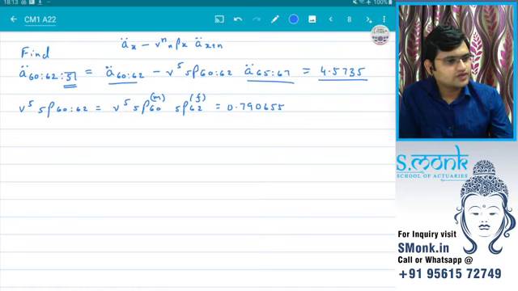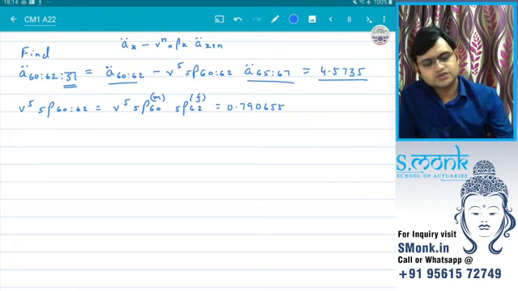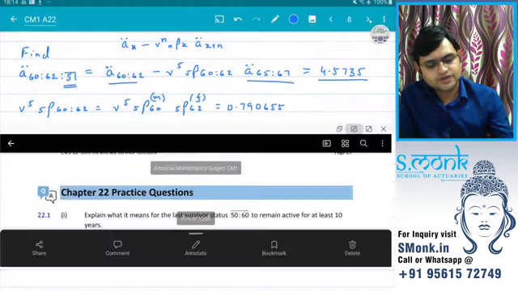So most of the joint life formulas are very similar to our single life formulas. Even payable m times and stuff will be exactly the same, the same relationship. Now let's do a few sums.